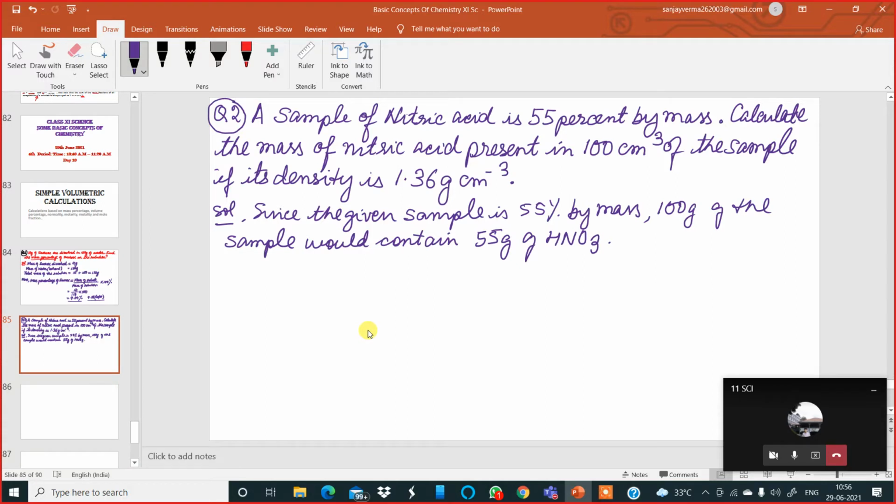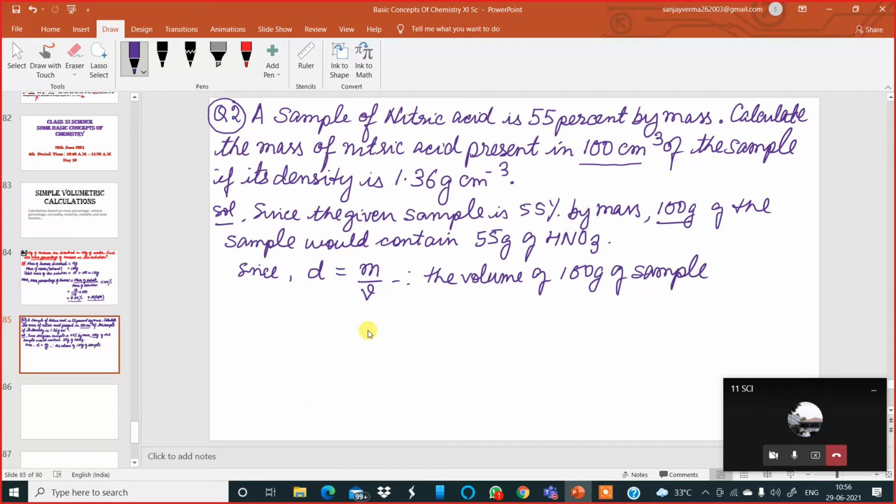Now here it's given volume, so let's use the formula. Since the density formula is mass by volume, the volume of 100 gram of the sample will be equal to mass by density.